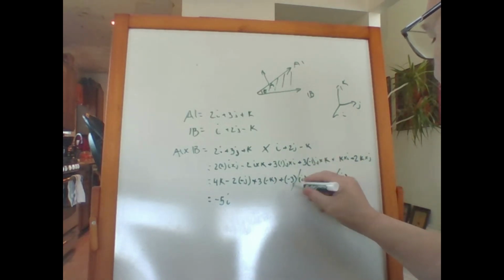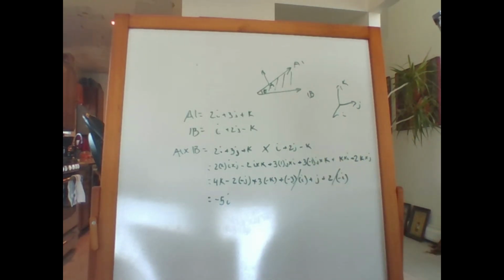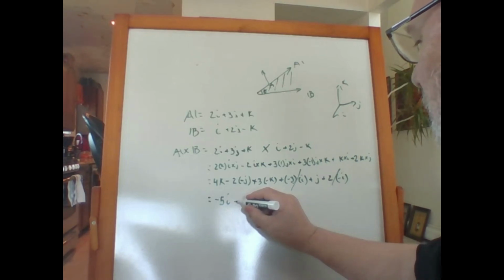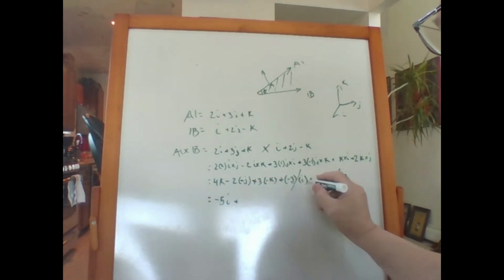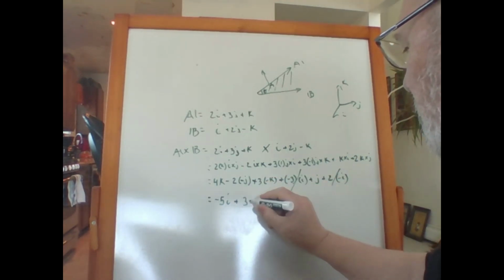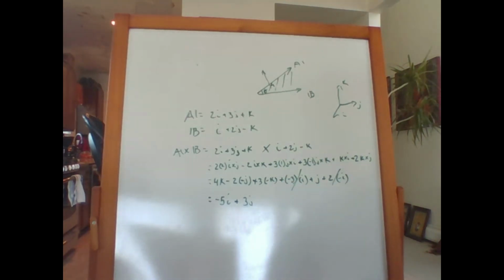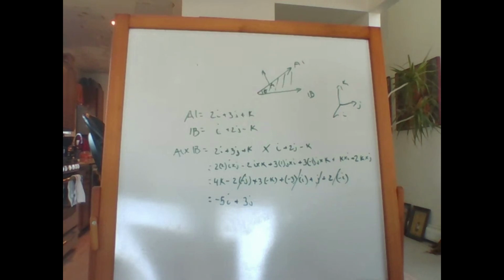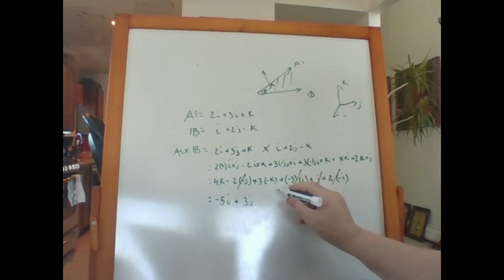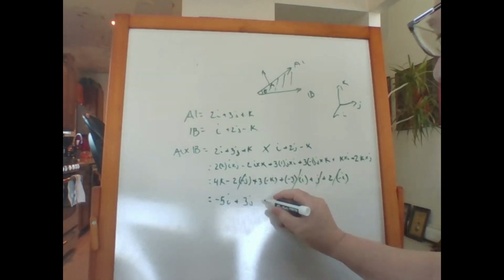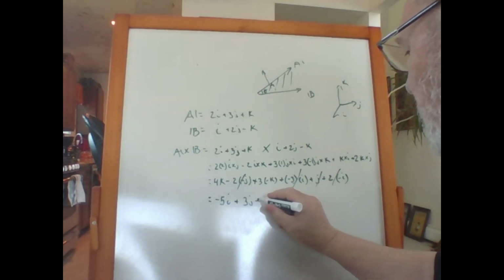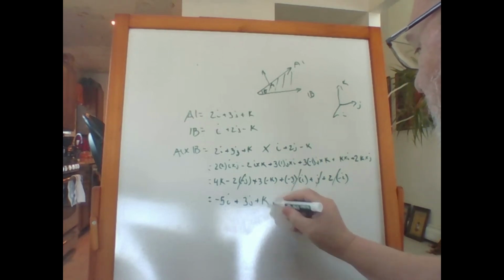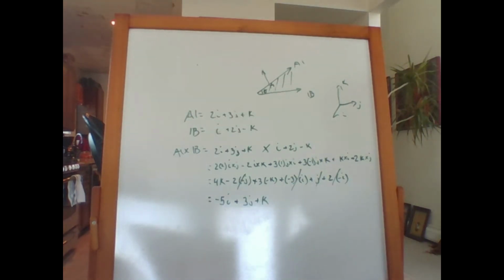Now j's, we got plus 2 plus 1 is 3 in the j direction. So we got rid of our j's. And k's, now we got 4 minus 3 is 1, plus k. All right, that's our resultant.